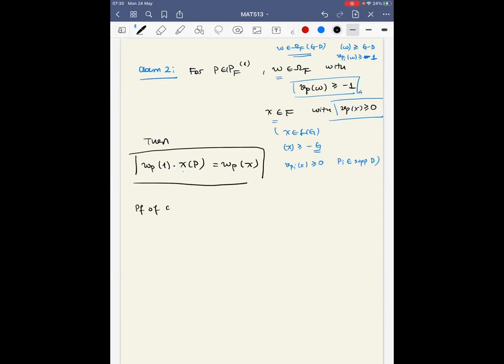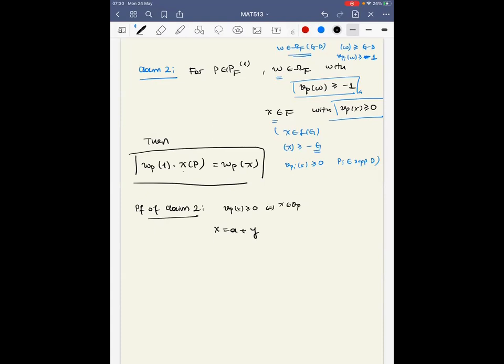And indeed, we can prove this equality just by writing X as A plus Y. So this is possible because by the assumption we know that VP of X is bigger than or equal to 0, and like in the previous case, this gives us a characterization about X lying in OP.